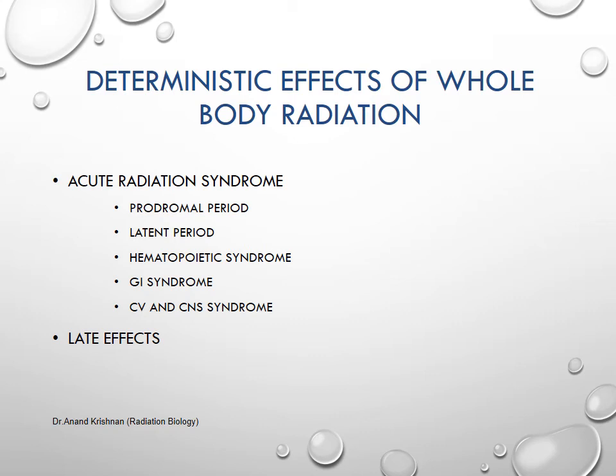Whereas gastrointestinal syndrome usually occurs at a greater dose, above 10 gray, and survival is extremely unlikely with this syndrome due to destructive and irreparable changes to the GI tract and bone marrow, which usually cause infection, dehydration, and electrolyte imbalance. Death usually occurs within 2 weeks when a person is diagnosed with gastrointestinal syndrome.